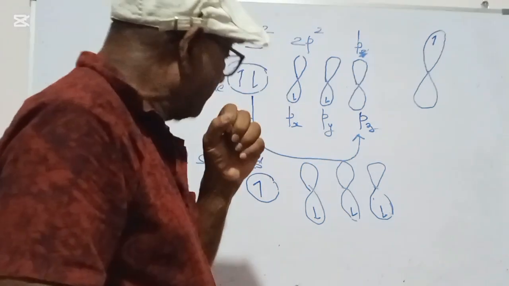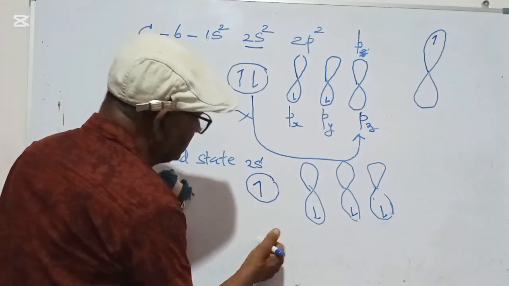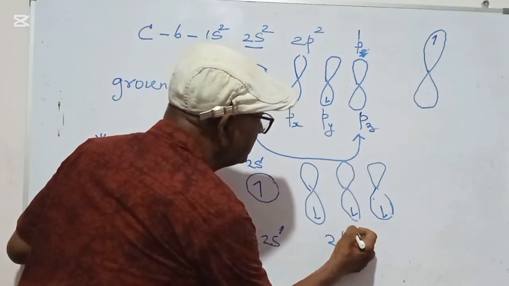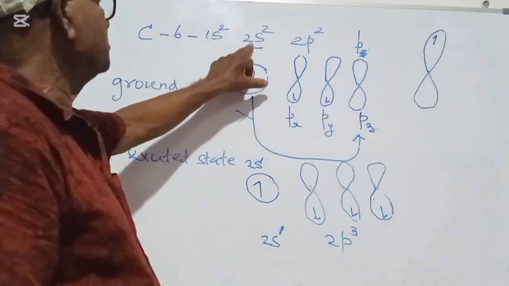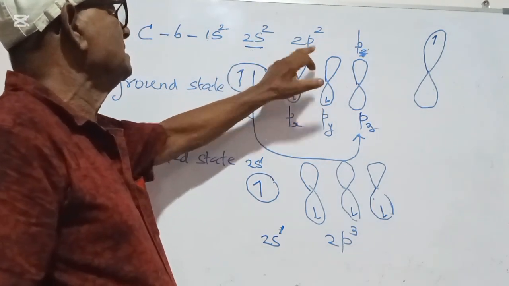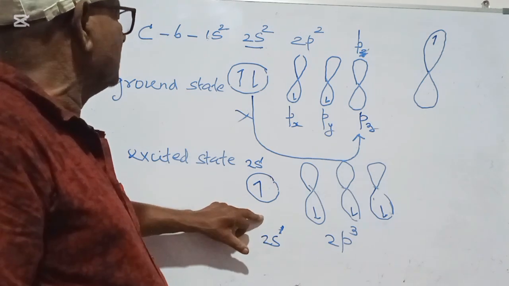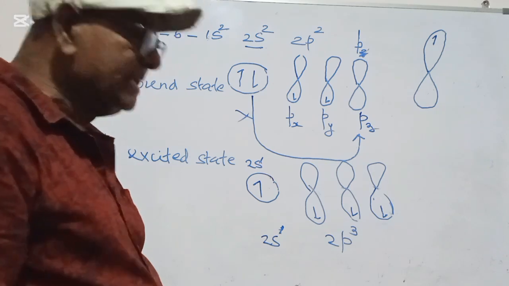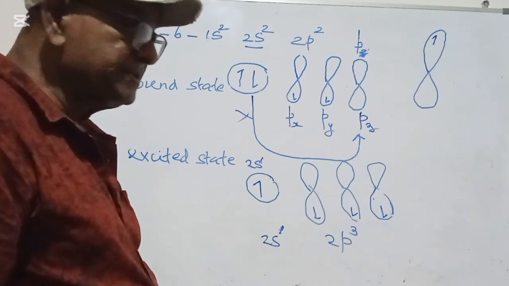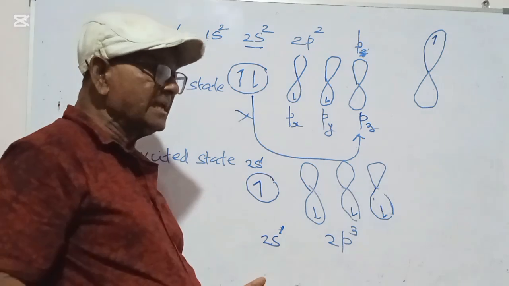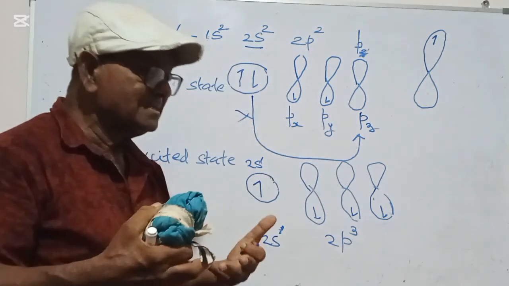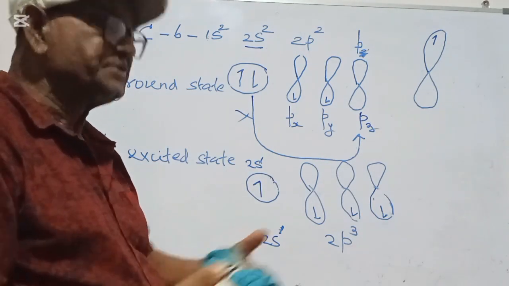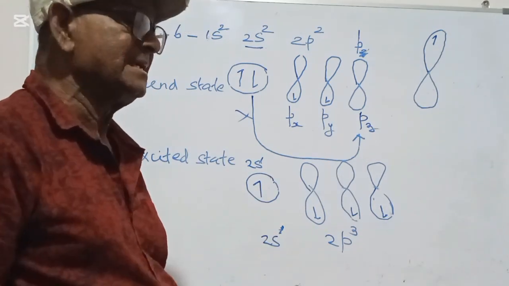So, after the excitement, it becomes 2s1, 2p3 configuration. 2s2, 2p2 becomes, after the excitement, 2s1, 2p3. Right? Now carbon is able to form covalent bonds. Now hydrogen can participate or share the electrons with carbon easily.